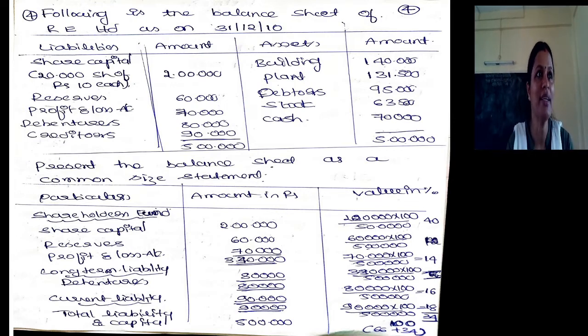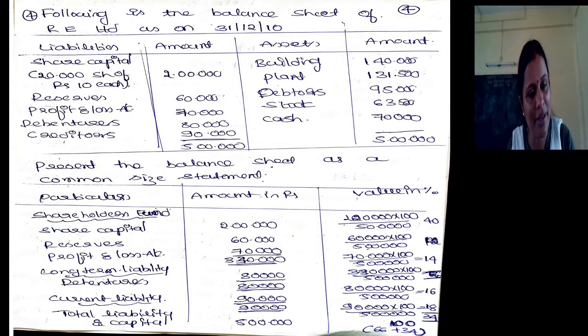You know that there is a proper way to arrange items of assets and liabilities when you go for a common size statement or comparative statement, whatever it is. So we will start with shareholders fund, which is share capital, reserves, and profit and loss account balance: 2 lakh, 60,000, 70,000, 3 lakh 30,000.